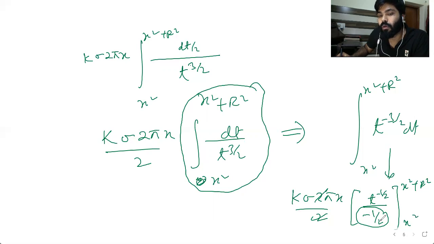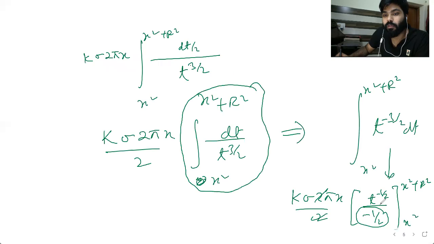When you put the minus 1 by 2 outside the expression, and this 2 will multiply with k sigma pi x, you will get minus 2 k times sigma times pi times x, and you will be left with 1 upon root t, because this is t raised to the power minus 1 by 2, which is converted into 1 upon root t.